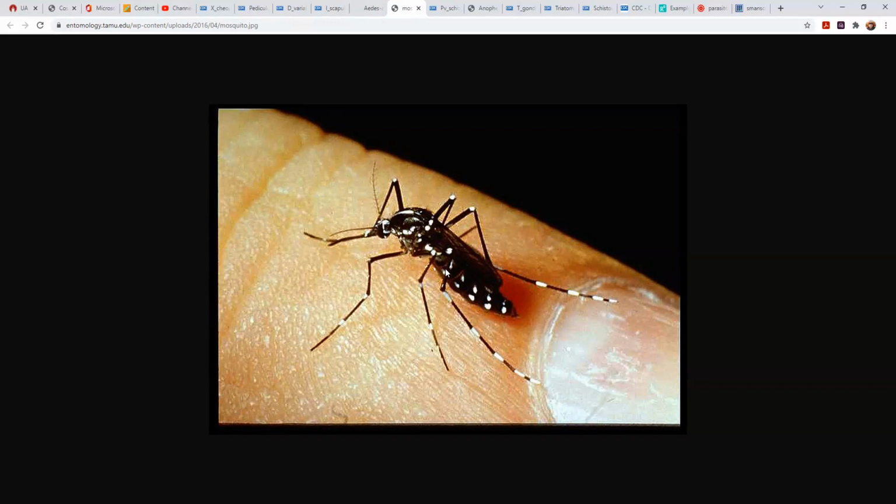Okay, we still see the white spots along the abdomen. Notice the abdomen is thicker, and the legs have very distinctive white markings on them, particularly where they're jointed. So I'm going to go back.